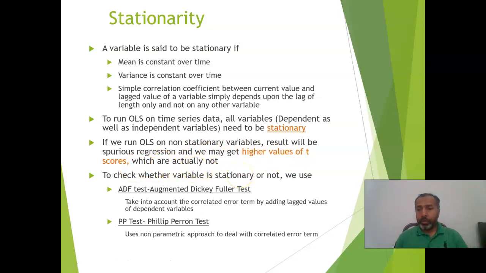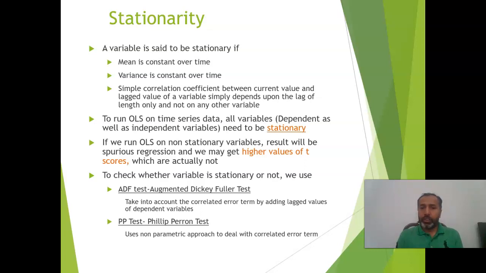So by running OLS on non-stationary macroeconomic time series variables, there is a possibility that we conclude our independent variables are highly significant because of higher t-scores, which might not be based on any economic theory or economic relationship, but is due to non-stationarity or the presence of trend in those variables. For example, if we run OLS on nominal variables, we know that a major component of a nominal variable is inflation.